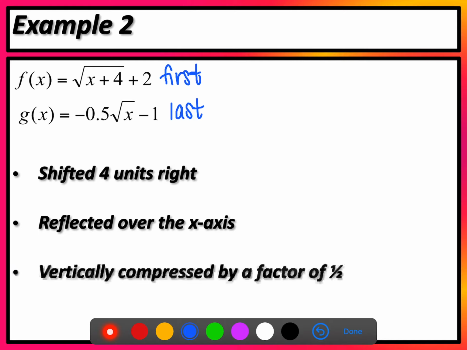So reflected over the x and vertically compressed by 1/2. Now, we want to apply that reflection for an intermediate step here, because we know that the reflection applies to the entire function, whereas the compression does not.